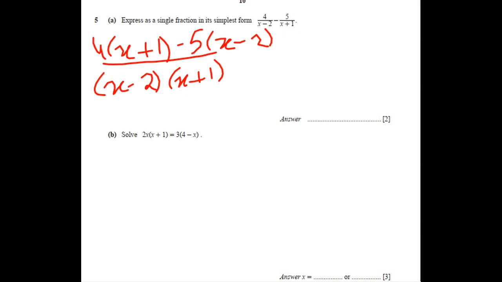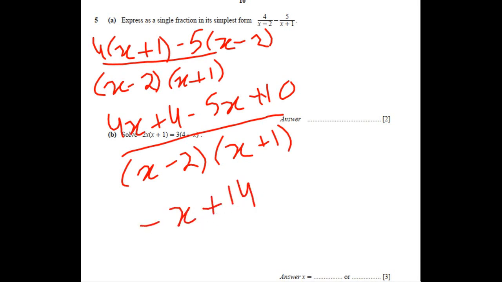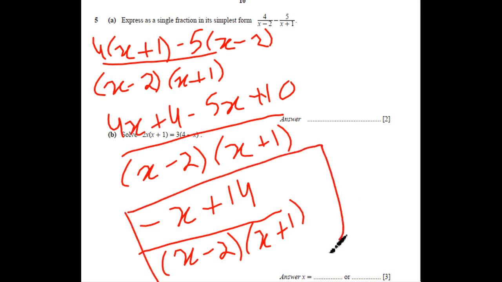We get 4x plus 4 minus 5x plus 10 over x minus 2 and x plus 1. Now simplify the numerator. 4x minus 5x is minus x plus 14 divided by these two brackets. So this is the answer.